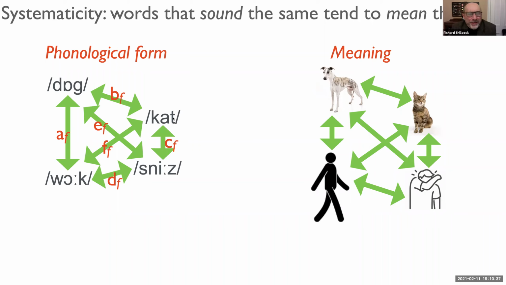As I say, there are about 12 of these, and we can specify the distance between the transcription of the word dog and the transcription of cat just by specifying the number of changes at the level of features that we need to make to turn the word dog into the word cat.